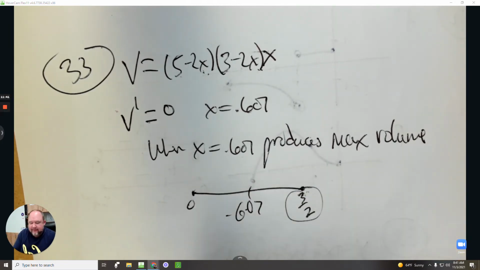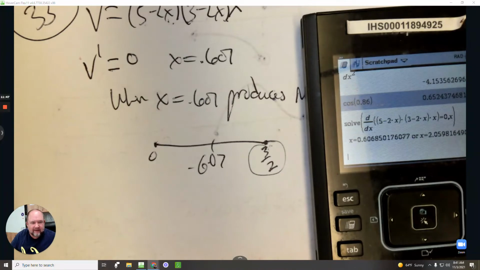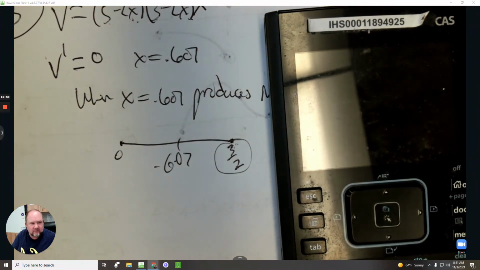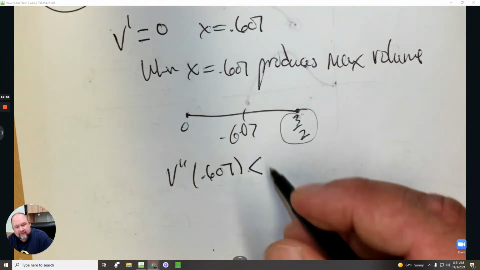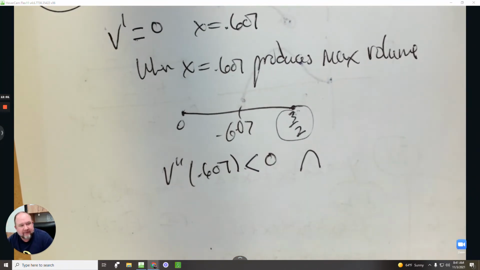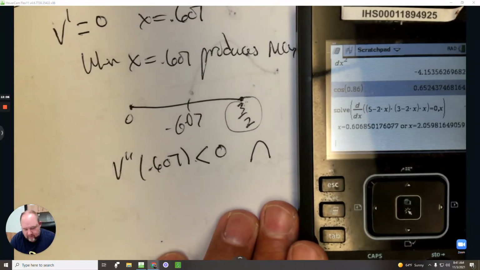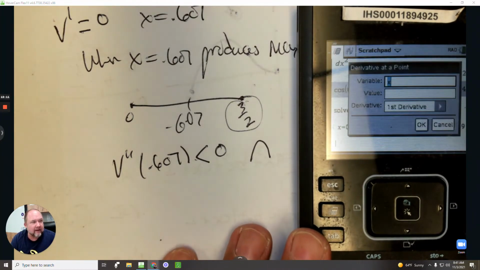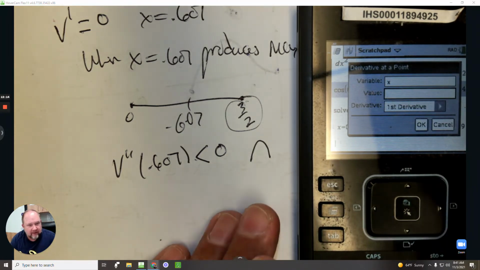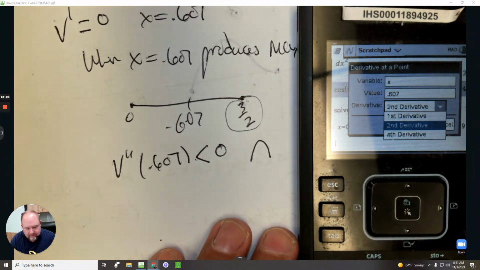So I'm going to show you that if I want to know if that's a max or minimum, you can use the second derivative to tell. I did a number line there, but really, if you did the second derivative at 0.607, if that's less than 0, then that's concave down and creates a maximum. So if I went menu, this time calculus, derivative at a point, and the value I'm looking for is 0.607, and it's really the second derivative that I'm looking for.